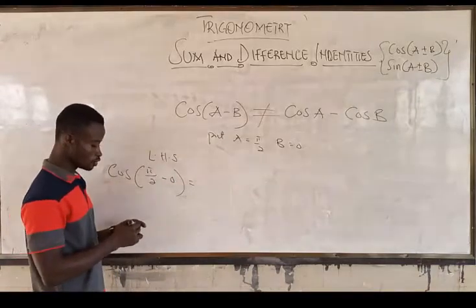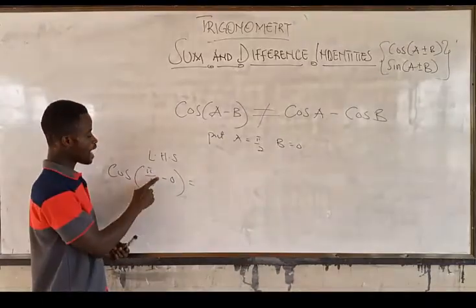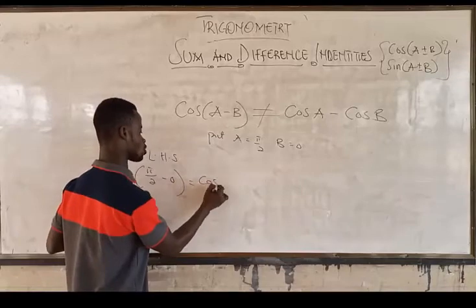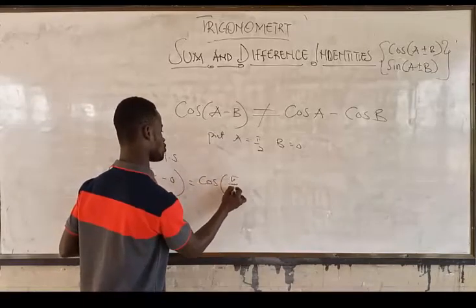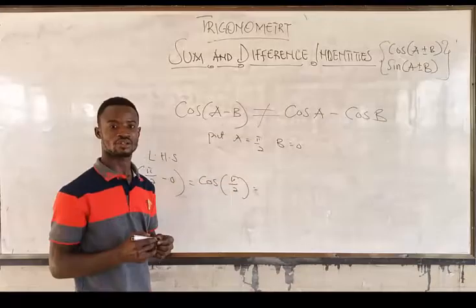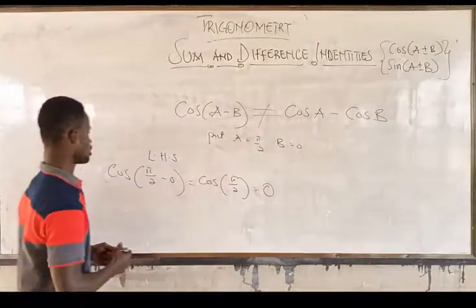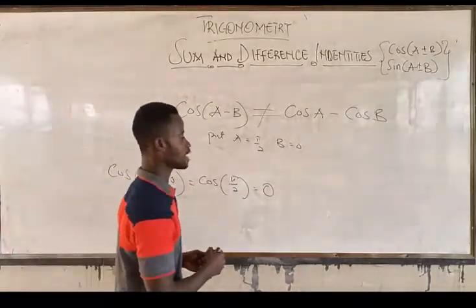Pi over 2 minus 0 will give you pi over 2, so this is the same as cos pi over 2, and that is going to give you 0.